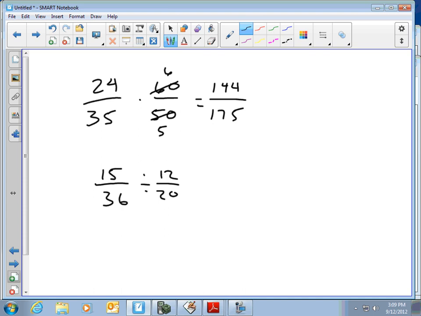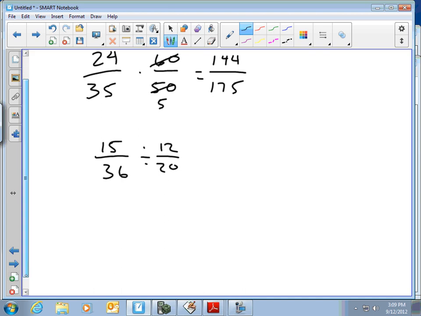When you divide by a fraction, you multiply by the reciprocal. So dividing by 12 over 20 is done by multiplying by 20 over 12. Okay? There's really no operation for division. The rule is you multiply by the reciprocal. Flip the term over.